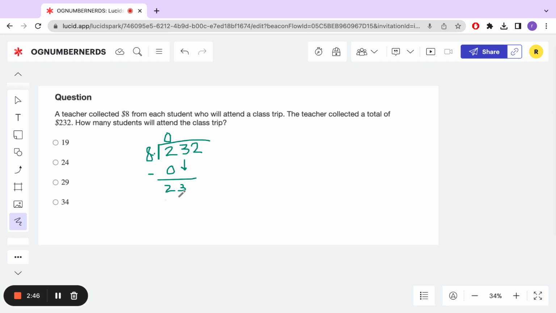How many times can 8 go into 23? It's 2. 8 times 2 is 16.